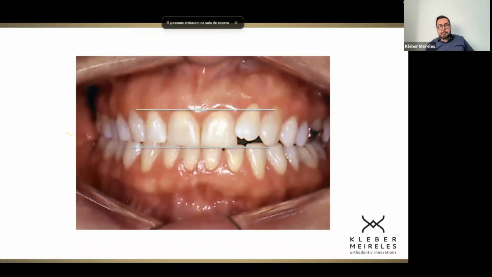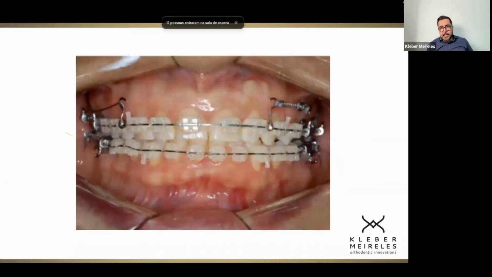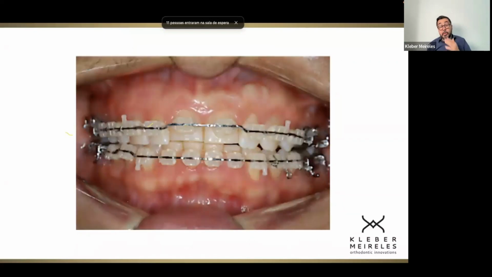example of that, doing the intrusion and intrusive bends for leveling, not leveling, actually, because we know that central incisors have a higher gingival margin in relation to their neighboring teeth, the lateral incisors. So we need to do that to increase the beauty of the smile.